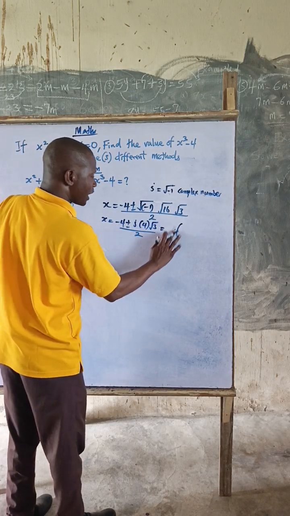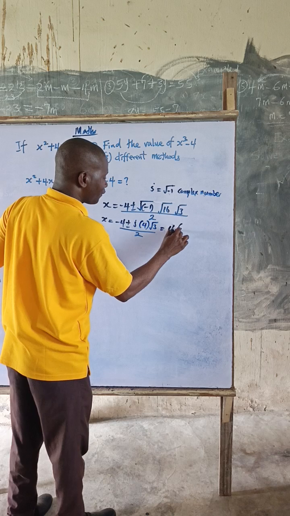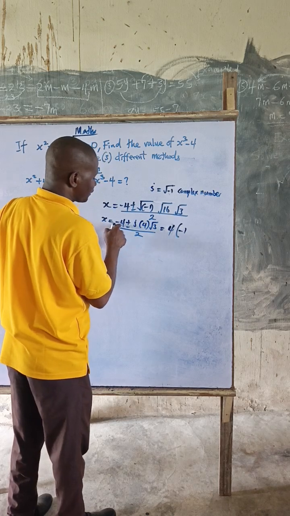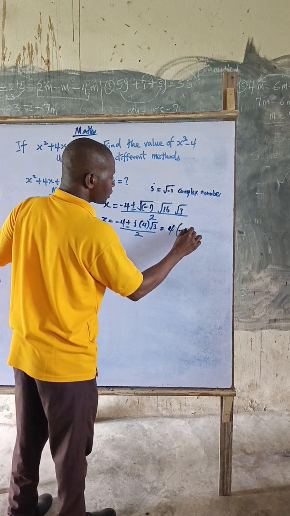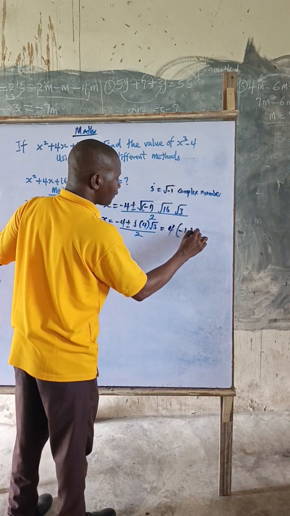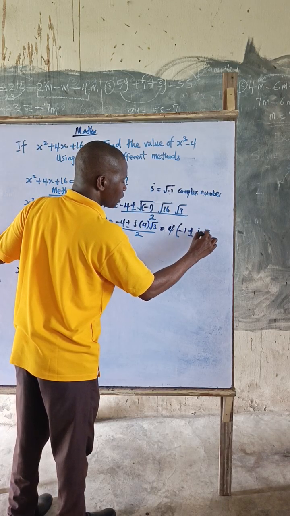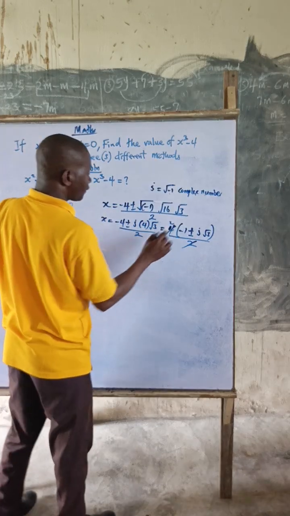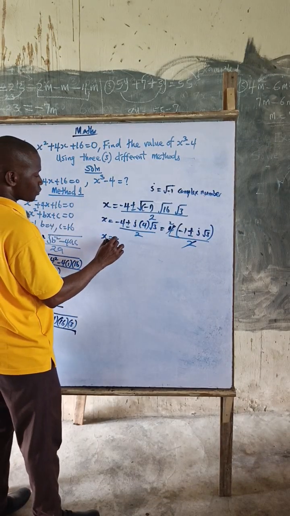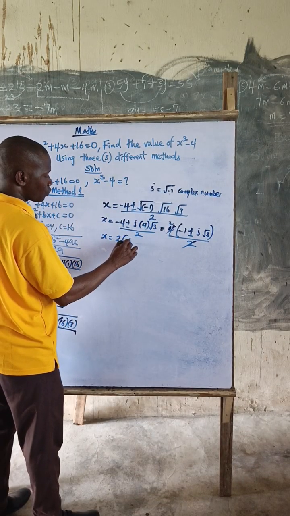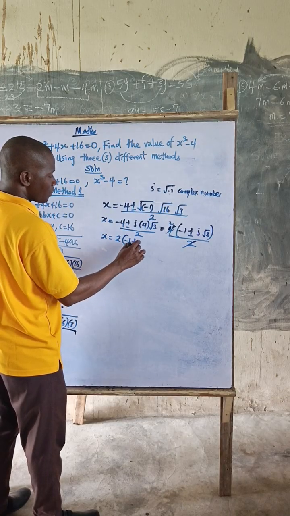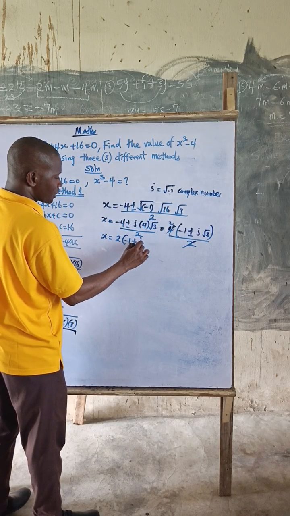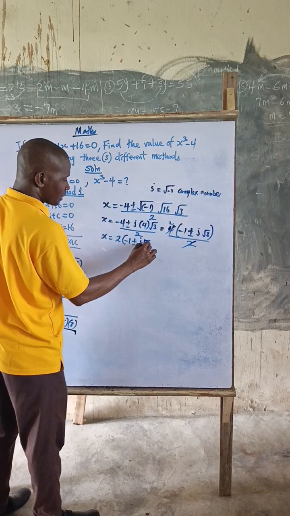Taking 4 out, minus 1 will be left here, plus or minus i times the square root of 3, divided by 2. 2 goes into 4, we have 2. So therefore we have x equals 2 open bracket minus 1 plus or minus i, that is the complex number, multiplied by the square root of 3.